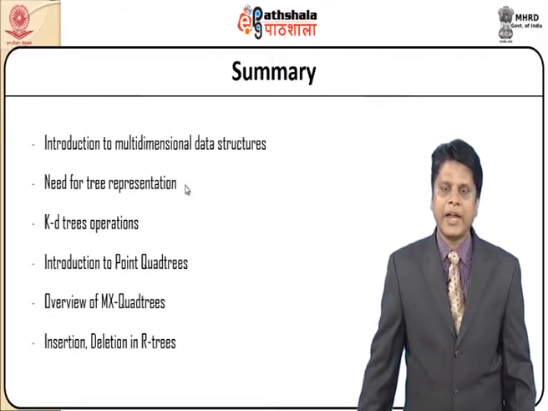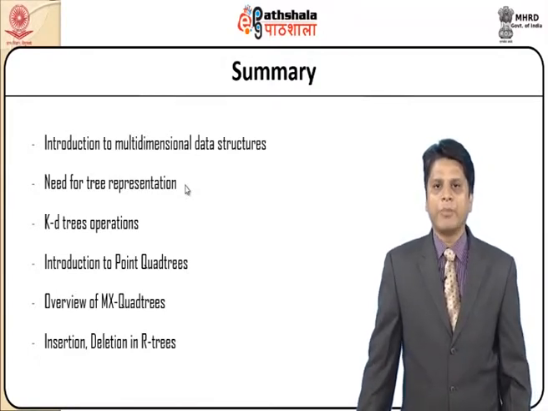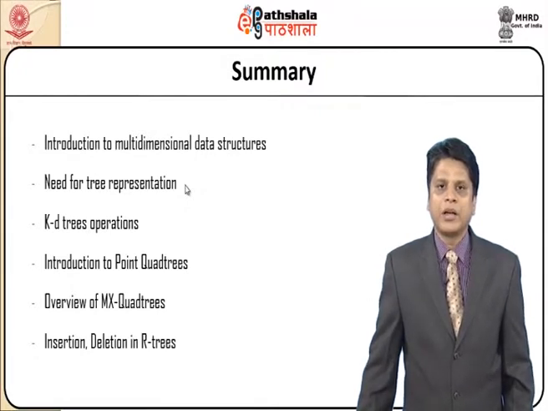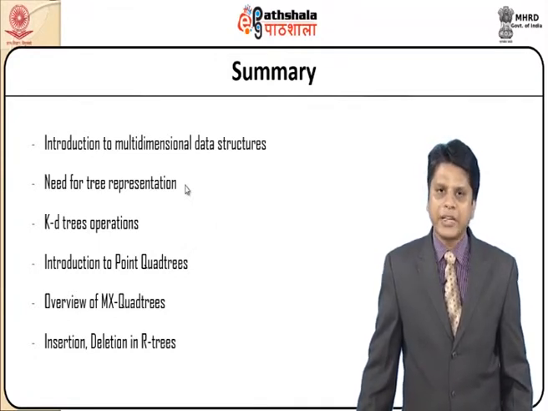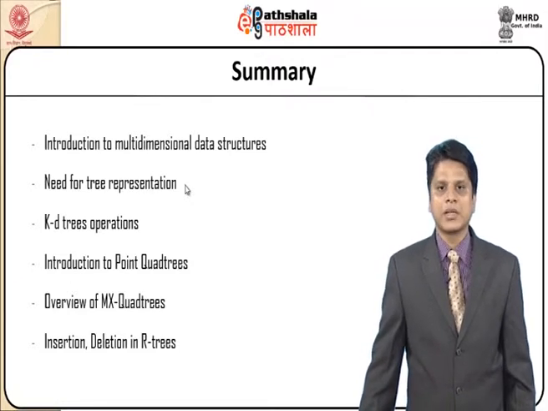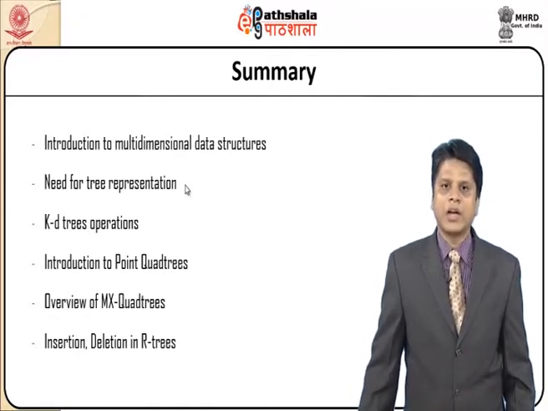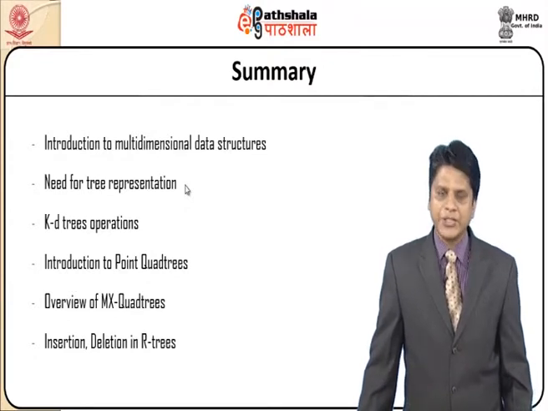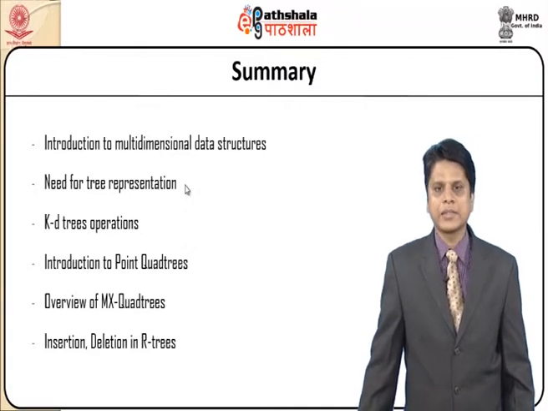Not only that, we had an extension of point quadtrees, which is MX quadtrees, where we have defined the lower bounds and upper bounds from -infinity to +infinity on both the x and y values, whereby we have decreased the number of disk accesses and decreased the time that we were about to process considering a specific region. And finally, we talked about R trees, which is supposed to be region trees, which had group rectangles and which had real rectangles.